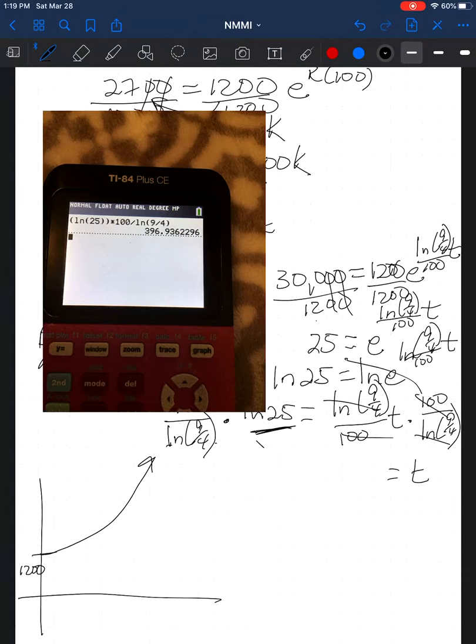You hit enter, and so we get 396.94. That was hours, so it means that it's going to take 396.94 hours to get to 30,000 bacteria. If we divide that by 60, that's what? 66.